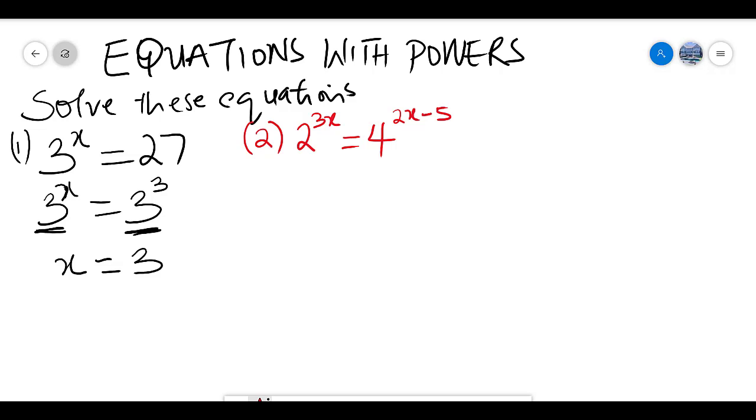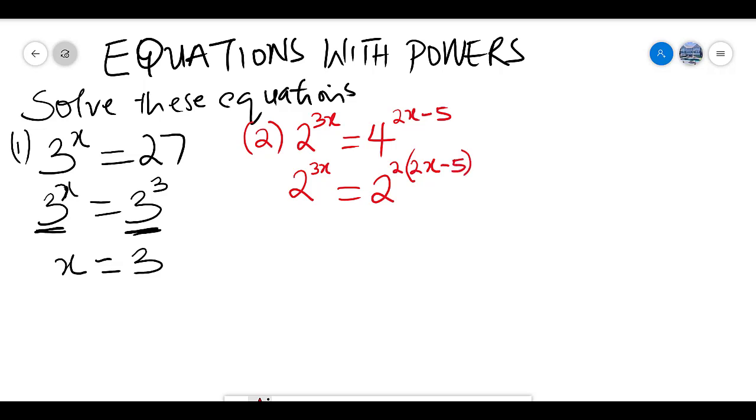What can I do to 4 to put it in the same base with 2? So we are going to have 2^(3x) equals, now remember that 4 is the same as 2^2. Now this is representing 4, but also remember that there was an existing power which is 2x minus 5.